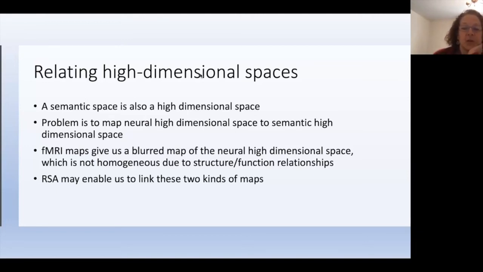When you do that with fMRI, you are looking at something that has low spatial resolution. It's going to give you a pretty blurred map of what that space is. But nonetheless, depending on what the geometry of the semantic space is, you might be able to see that those things are related. And I think that's one way of trying to understand representation in the brain: to see how semantic spaces are related to neural representational spaces.